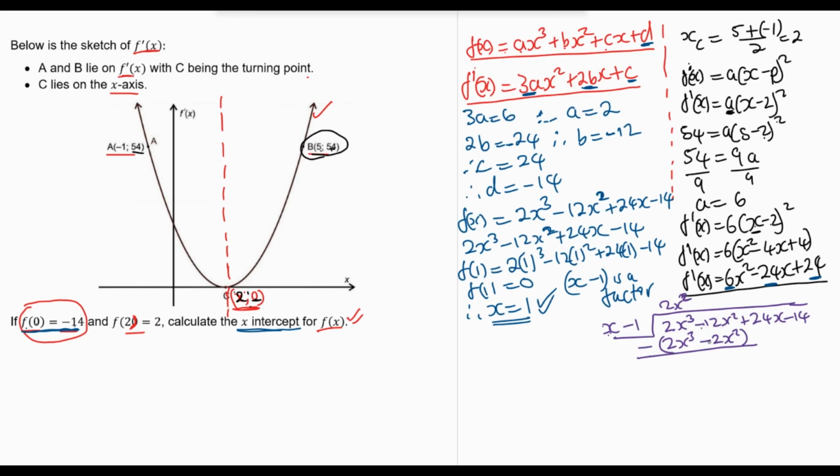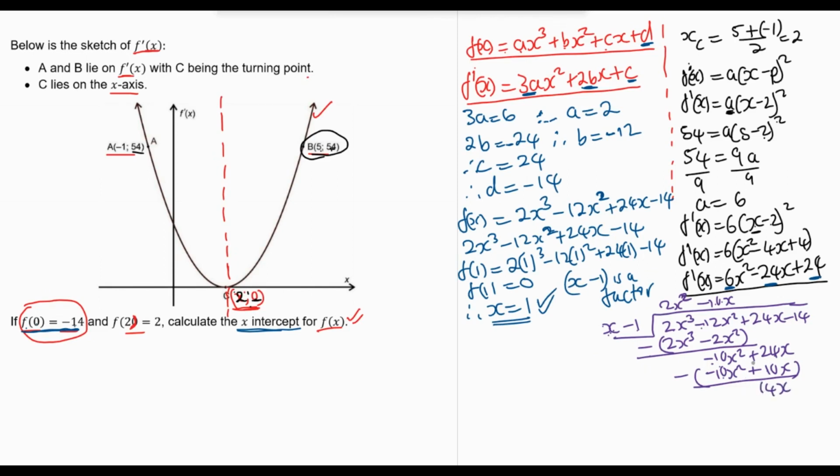Negative 12x squared minus negative 2x squared, that is negative 10x squared. Then we drop 24x, then x into negative 10x squared, that is negative 10x, then multiply negative 10x times x, that is negative 10x squared, negative 10x times negative 1, that is positive 10x. Then we subtract, then this gives us 0. 24x minus 10x, that is 14x.